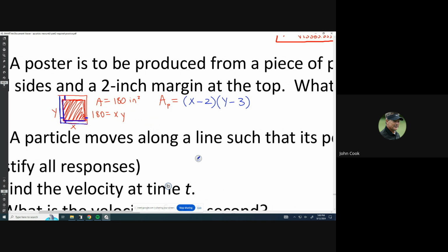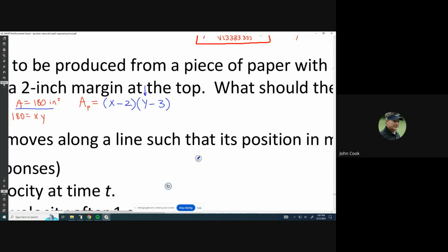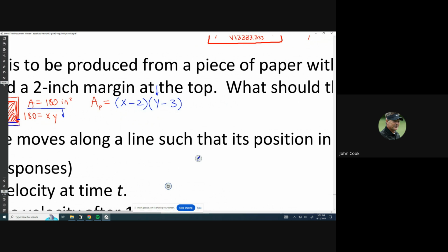Okay, so now I'm going to use the constraint and plug it into the Y value over here. Can you already see it? I've got a function that will be in terms of one variable, X. I'm just going to repeat the same steps that I did with the previous problem. So let's get the constraint in terms of one variable.